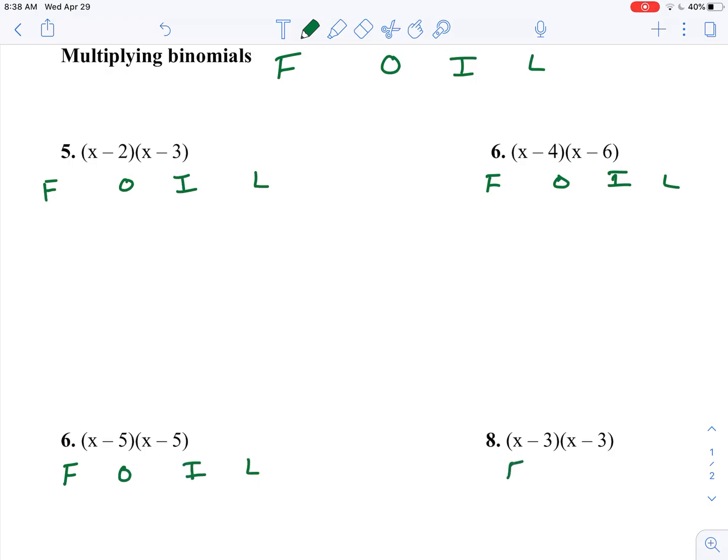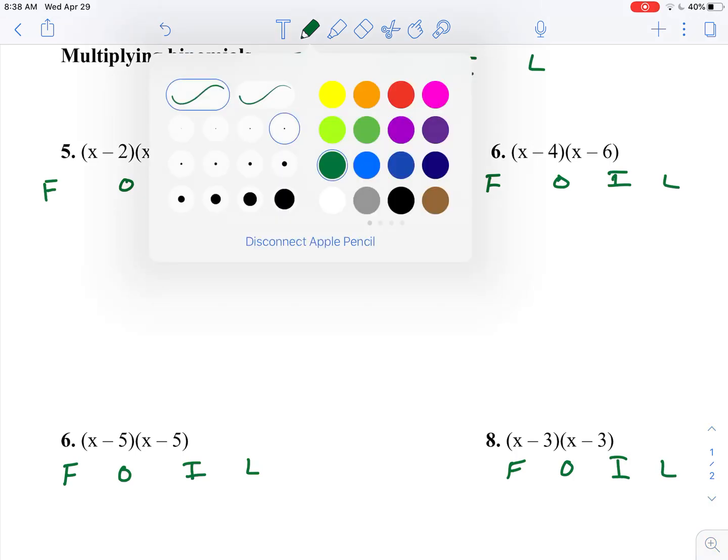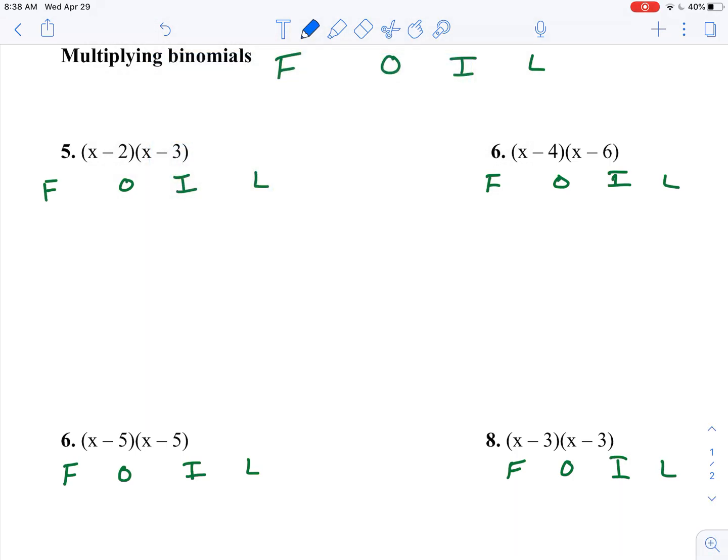All right, so let's check out some multiplying binomials. We'll do our FOIL method: first, outer, inner, last. Let me just label these really quick.